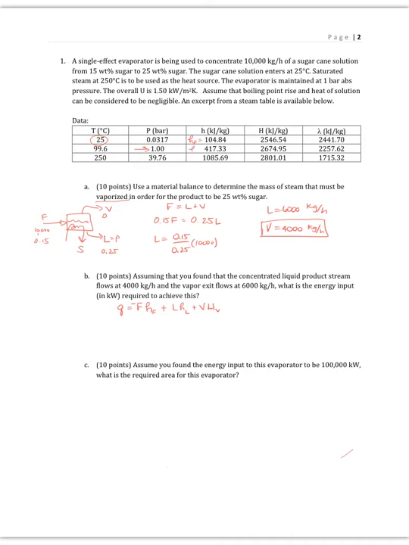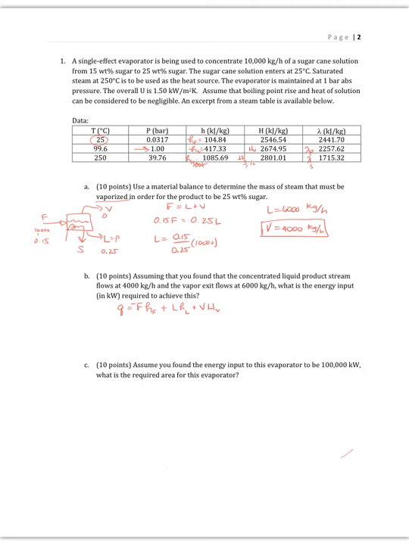So this is going to be my H for my liquid, and this is going to be H for my vapor. The data down below, this would represent H for my steam in. This is H for my steam. Actually, this was in, this one was out. And this is lambda for the steam. This is lambda for my product.